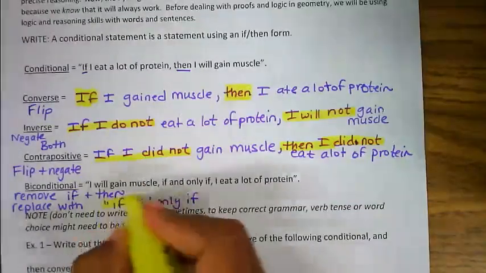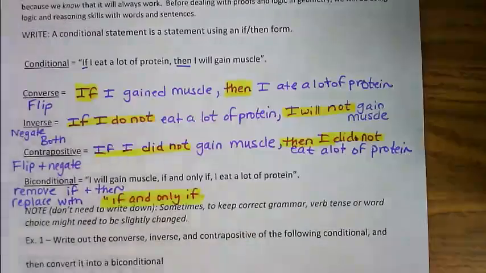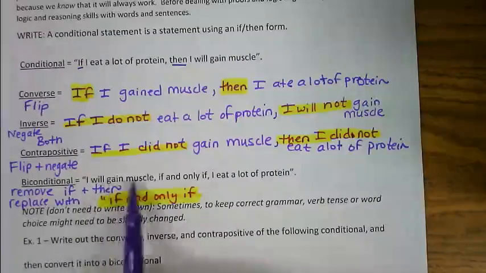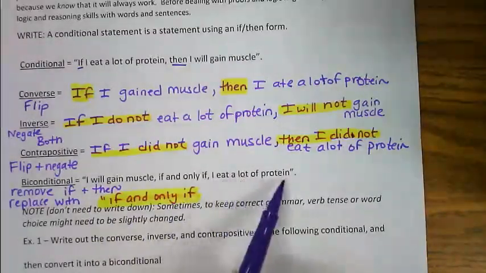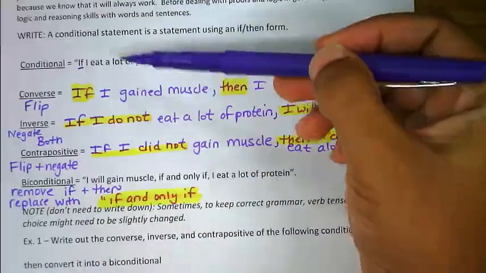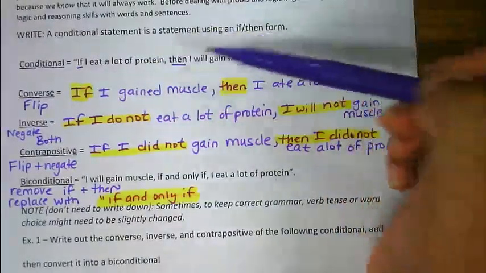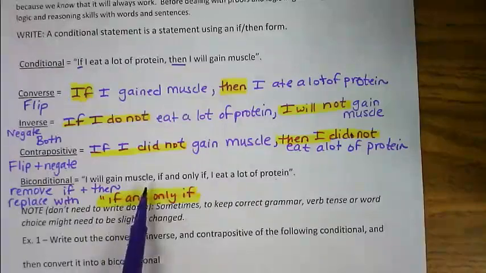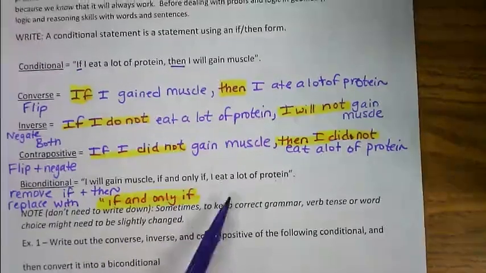This is very important. So this one is typed for you. I will gain muscle if and only if I eat a lot of protein. So you see how conditional, if I eat a lot of protein, then I will gain muscle. I will gain muscle if and only if I eat a lot of protein.